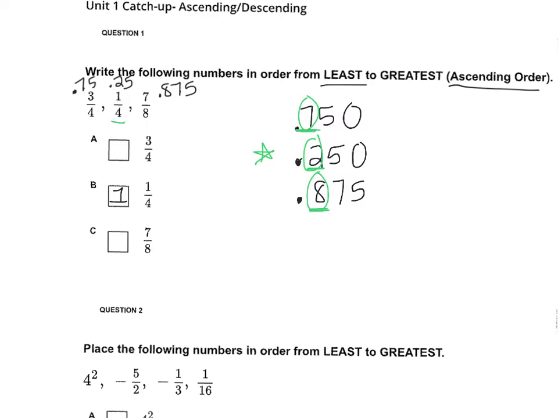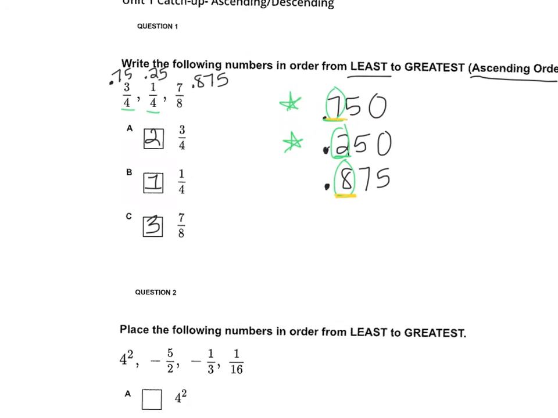So I'm comparing 7 and 8. The smaller of those 2 numbers is going to be 7, which would be 3/4. So I'm going to put a 2 next to 3/4. And that means 7/8 is third.